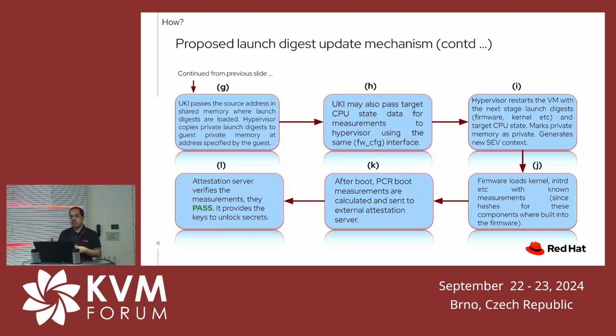So then, after the guest starts booting, the measurements it calculates this time will be sent over to the external attestation server, and this time it will pass the measurements check, because it is running firmware which is trusted by the guest, and that firmware trusts these other next stage boot components like kernel, initrd, etc. So when the attestation server sees that the measurements are good, it will respond back with keys that will unlock all kinds of secrets within the guest.